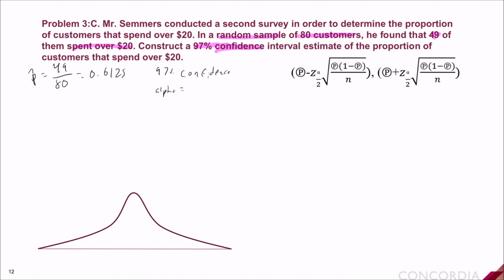Our alpha is equal to 1 minus 0.97, which gives us 0.03, divided by 2, since the formula requires it, and that gives us a value of 0.015. And now we need to find the z-score. The z-score equivalent to an alpha of 0.015 gives us a value of 2.17. And we also have our sample size of 9.